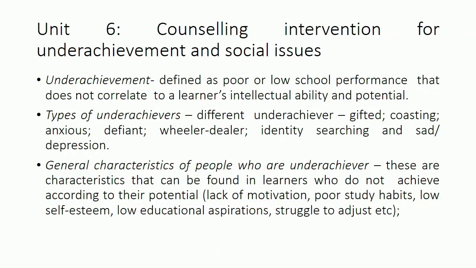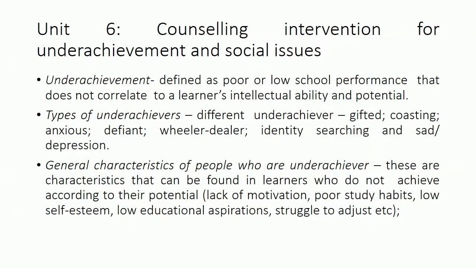When you are an underachiever, it means your school performance has gone down. Types of underachievers: we have gifted, coasting, anxiety, defiant, wheeler dealer, identity searching, and sad depression.